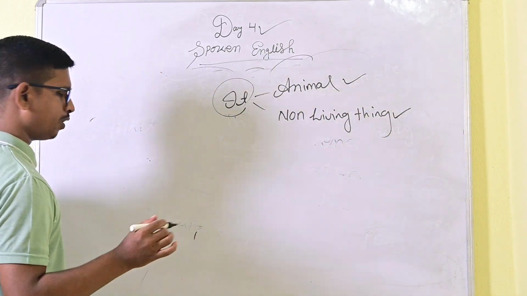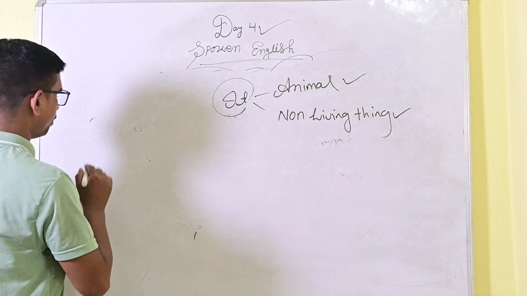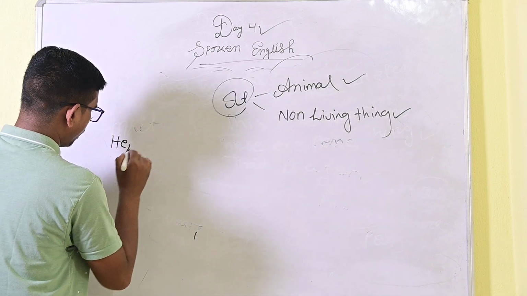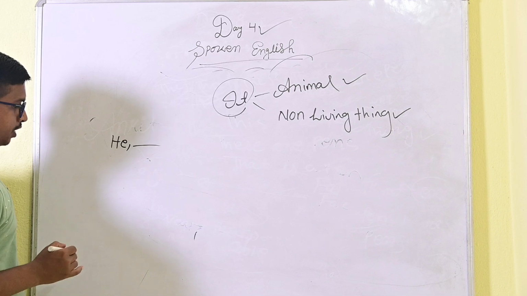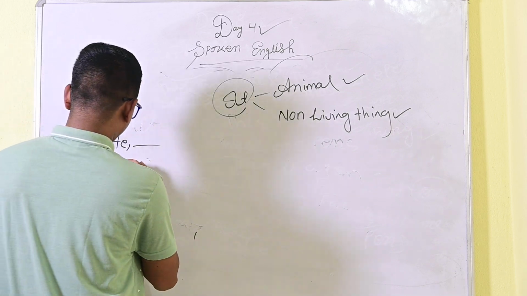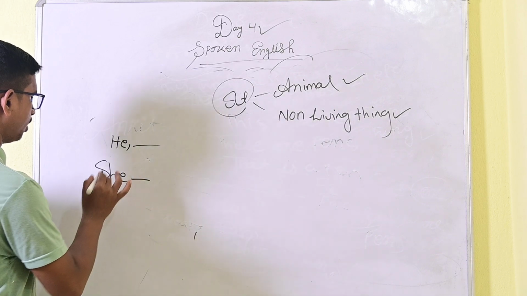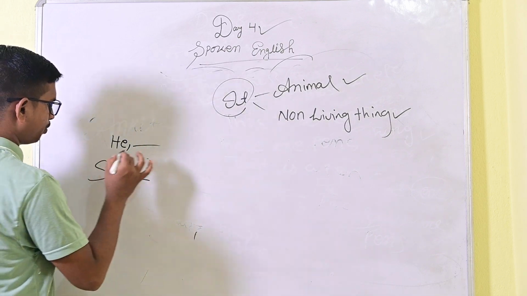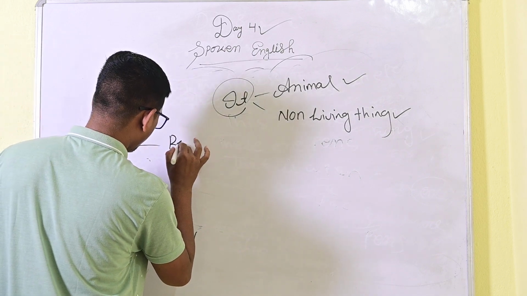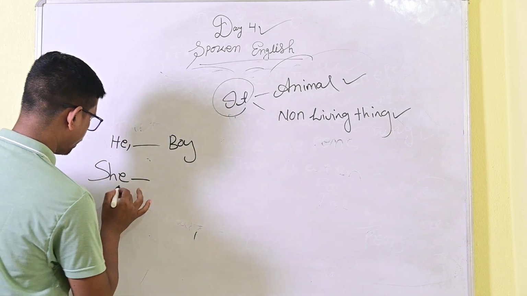How? I'll tell you. Before that, one thing I want to say to you. He and she are used for people. For boy or man, we use he. With girl, we use she.